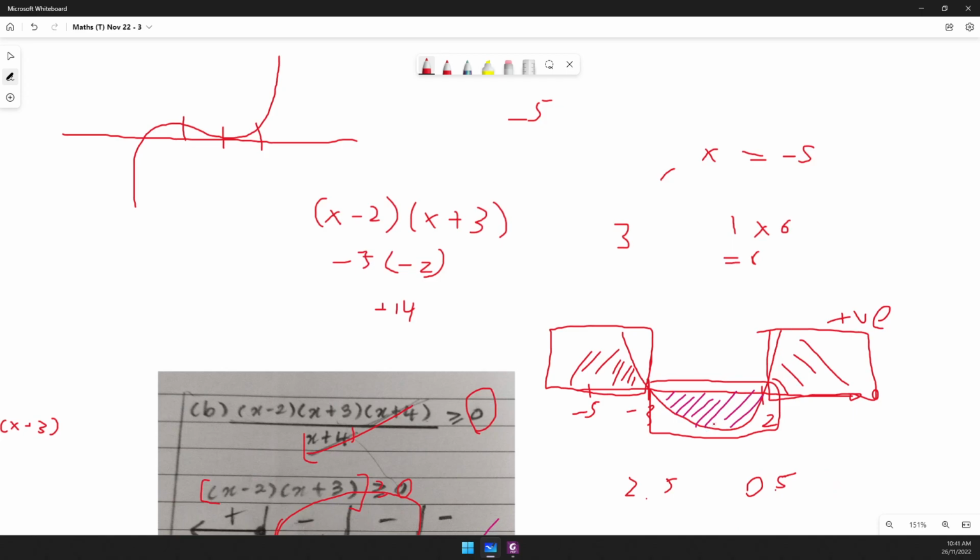Wait, maybe I can take 1. Oh yeah, 2.5 is outside already. Sorry. I can take 1, so x equals 1, then it'll be negative 2 times 4, so that'll be negative 8. So that won't be positive.